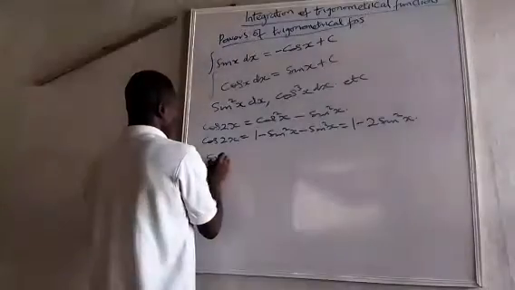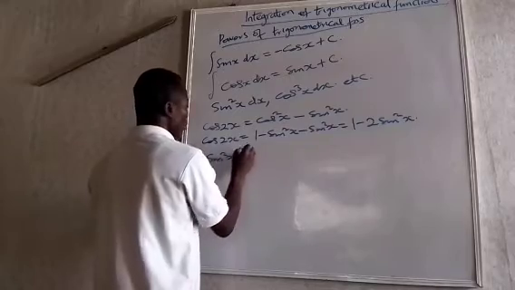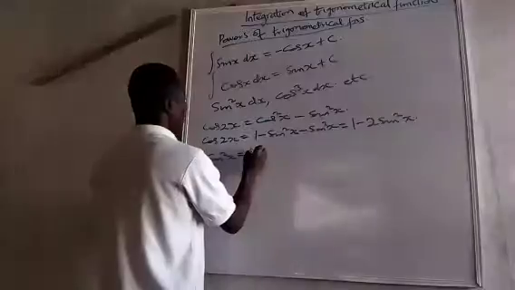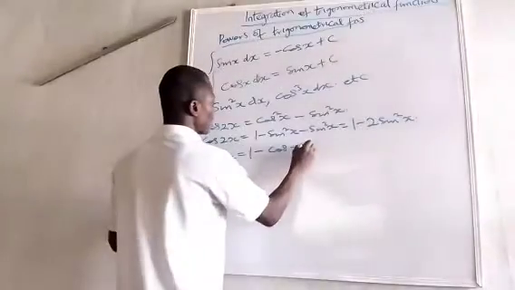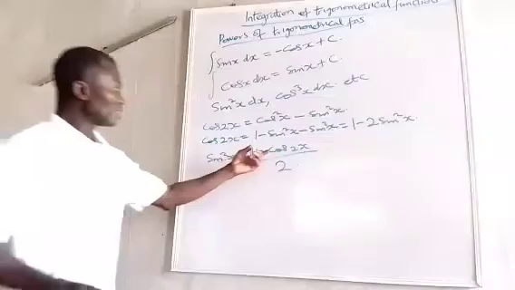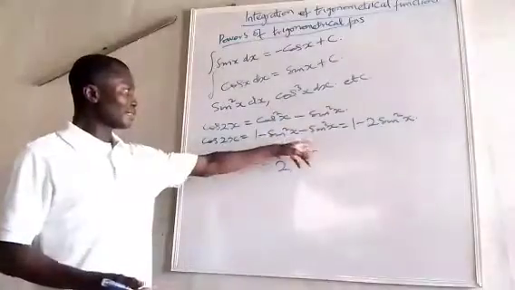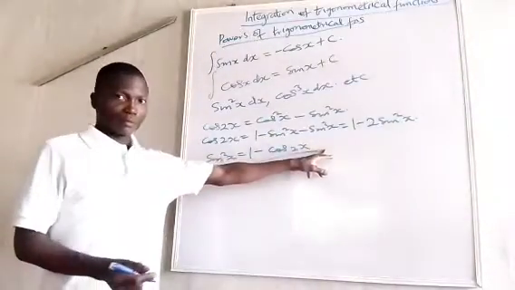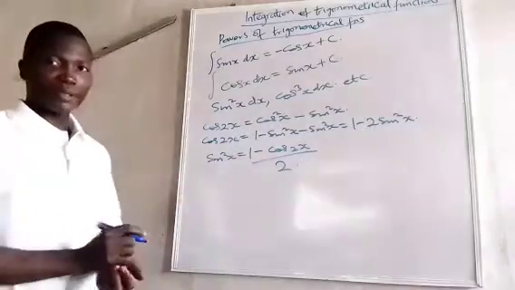So, sine square x is equal to 1 minus cos 2x over 2. So you can see this one can be easily integrated with respect to x, and this one too can be easily integrated.